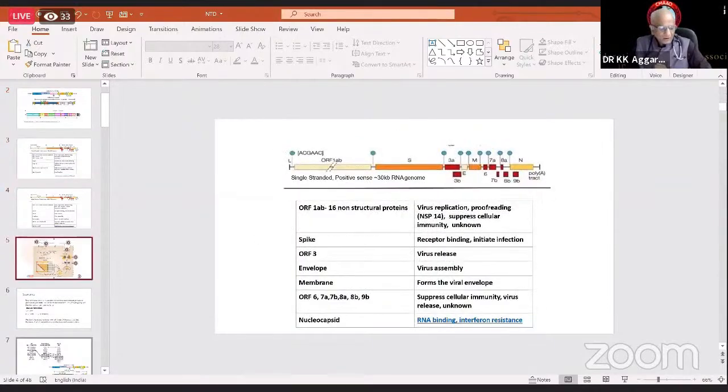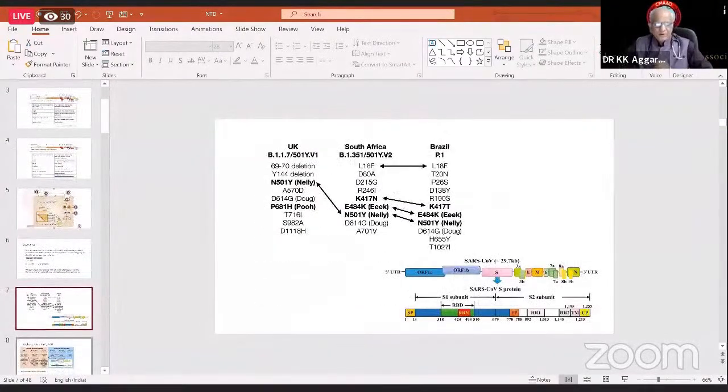So let's see now these two strains. In the UK, there is a deletion in 69/70, which is NTD. There is a deletion in 144, which is NTD. So NTD now is becoming more important, and there is a deletion in South African, and that is 241, 242, which we will come to.